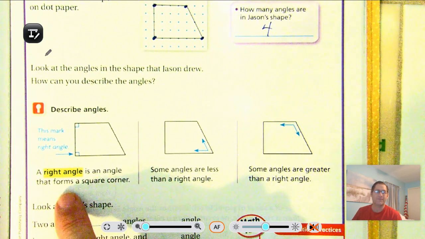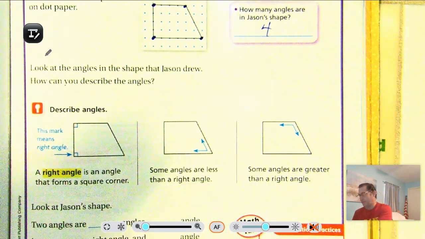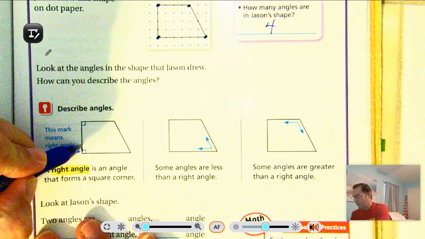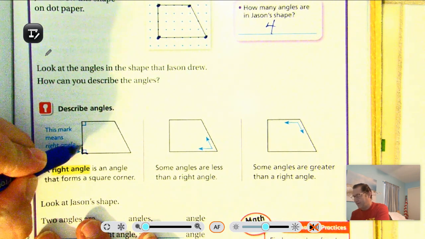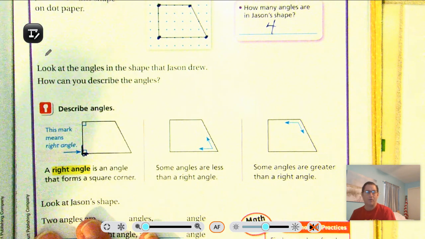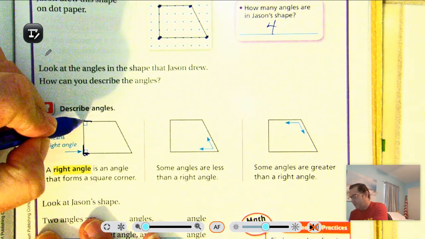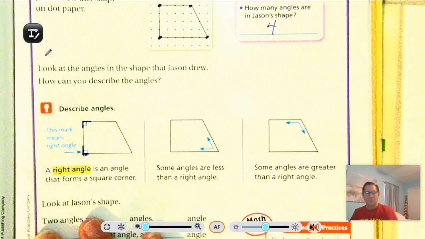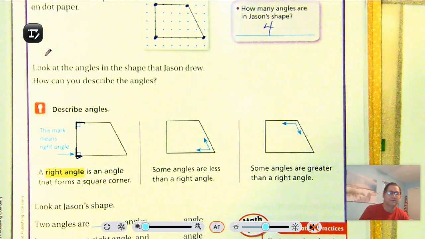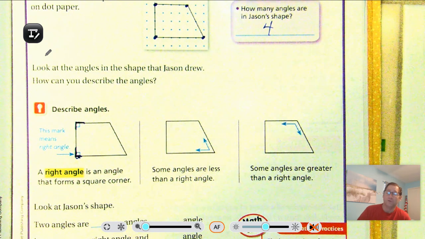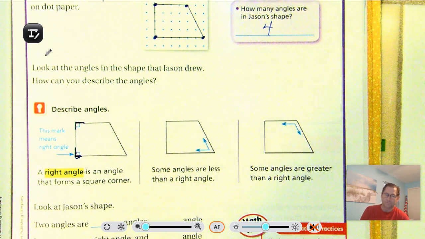And that is an angle that forms a square corner. Okay, so a square corner, you can kind of think of it as makes a perfect capital L. Okay, and you'll notice the blue box there. Well, that's the symbol that means a right angle.